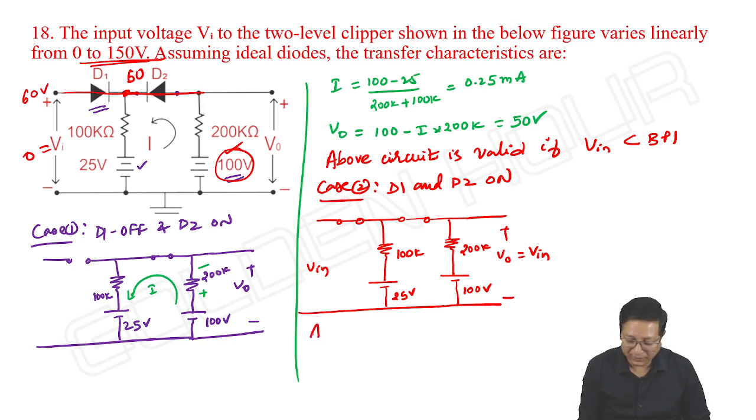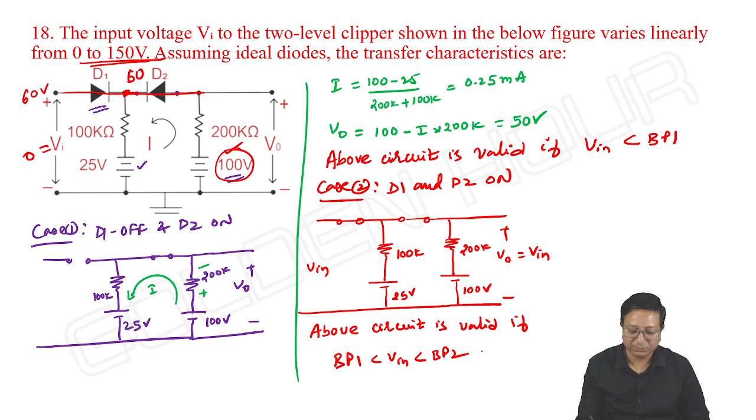So the above circuit is valid if breakpoint 1 less than V input less than breakpoint 2. Okay, both D1 and D2 are on and output is equal to input.